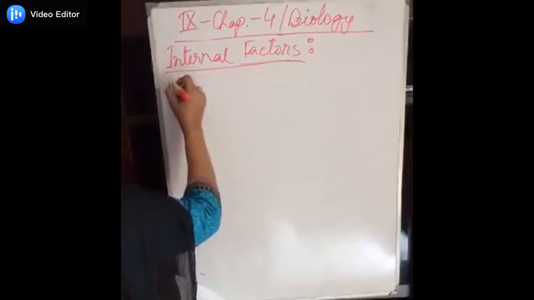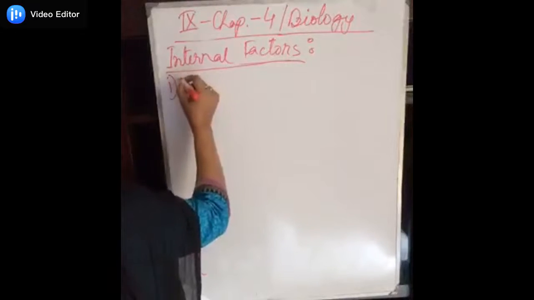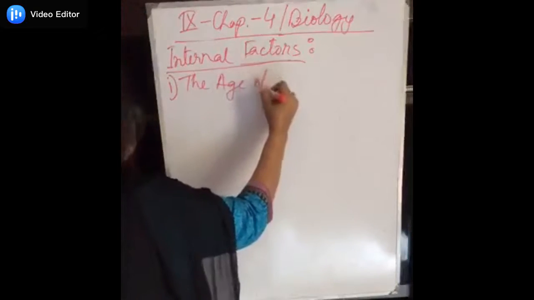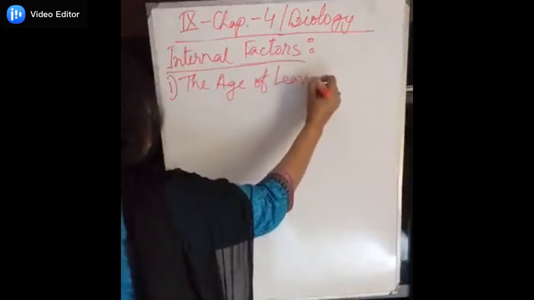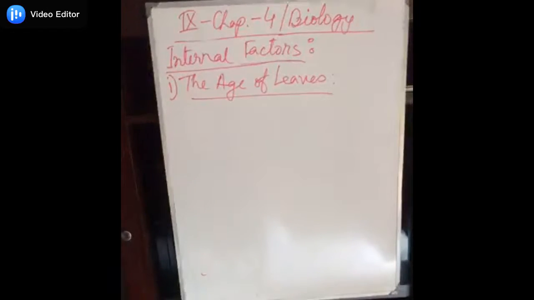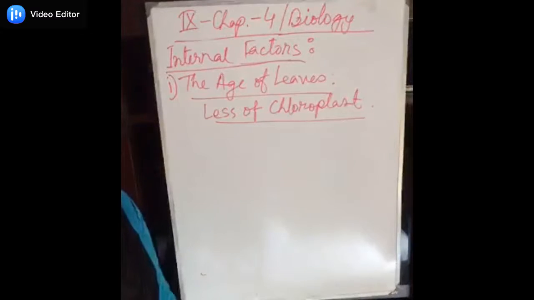Number point 1, leaves. Age of leaves is a great factor. Immature leaves and old leaves, that means aged leaves, have less chloroplast, and less chloroplast means less food production.